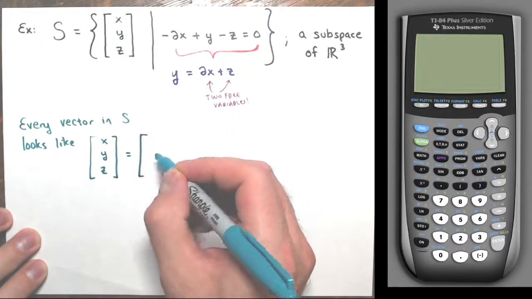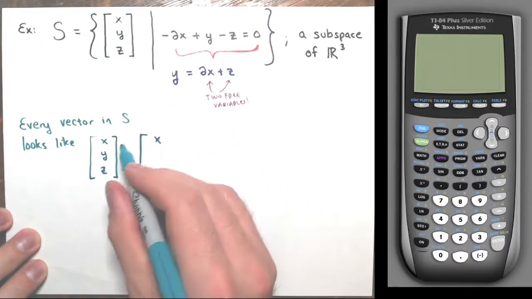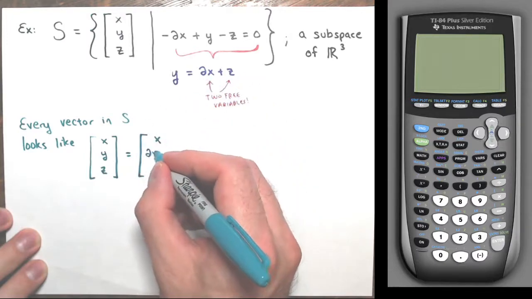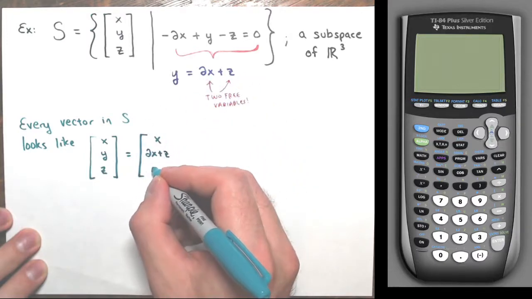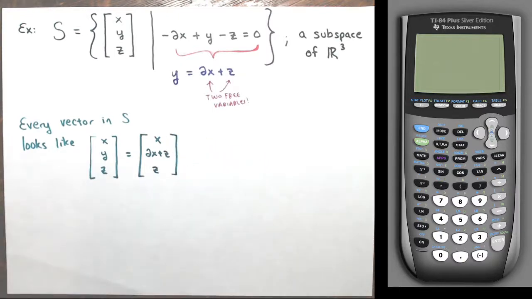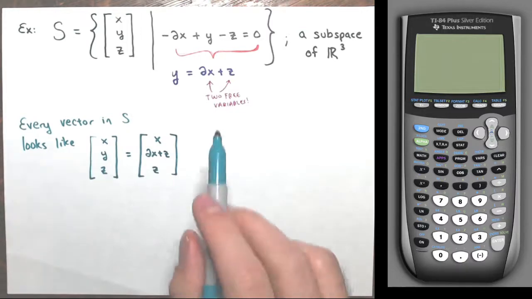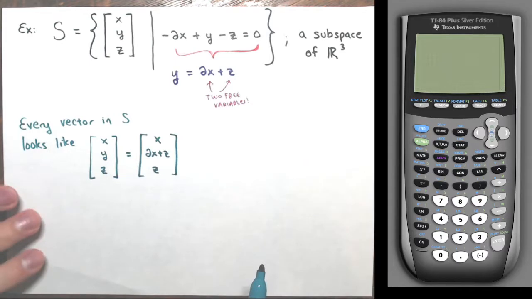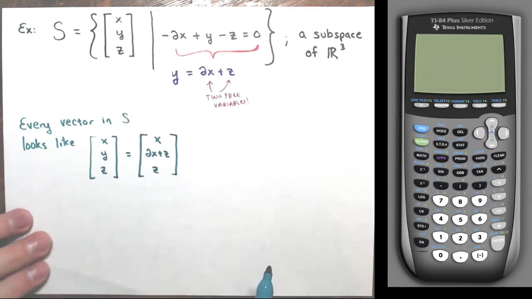So I'll replace y with that. So you have x, and replacing y with 2x plus z, and then z is still z. So instead of having a scalar multiple of one vector, what we're going to see here is a linear combination of 2 vectors. I mentioned the number of free variables will correspond to the number of vectors in a basis.